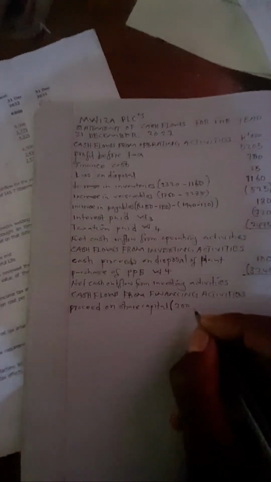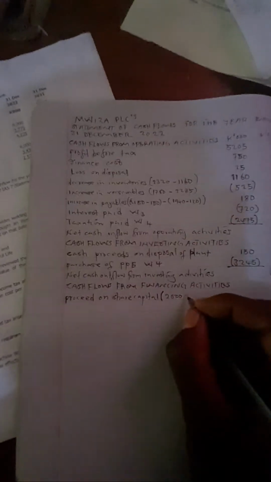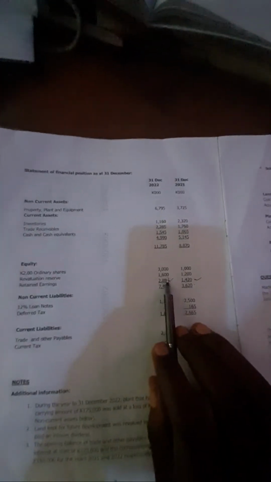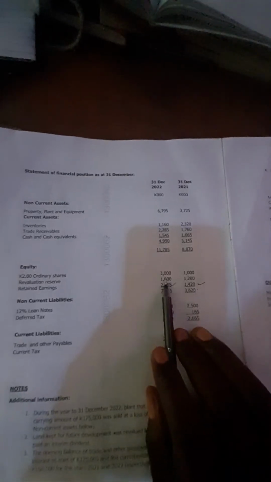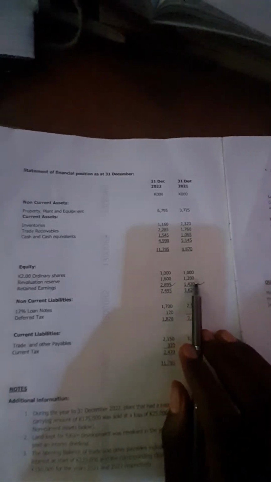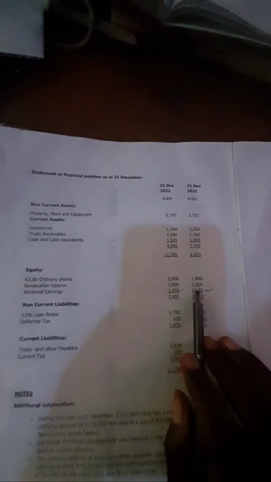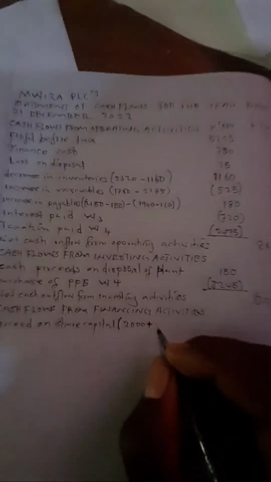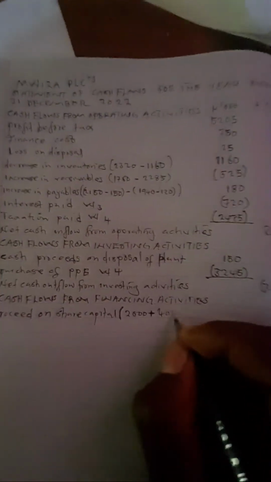So 2,000 plus, you come on reserves, revaluation reserves. At the beginning it was 1,200, and then at the end is 1,600. So you get the difference there, which is just 400. So you add it here, 400. So the total there was 2,400.